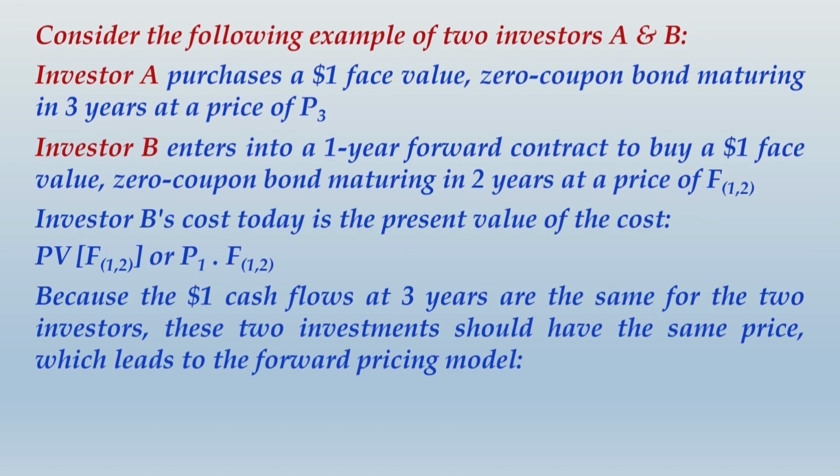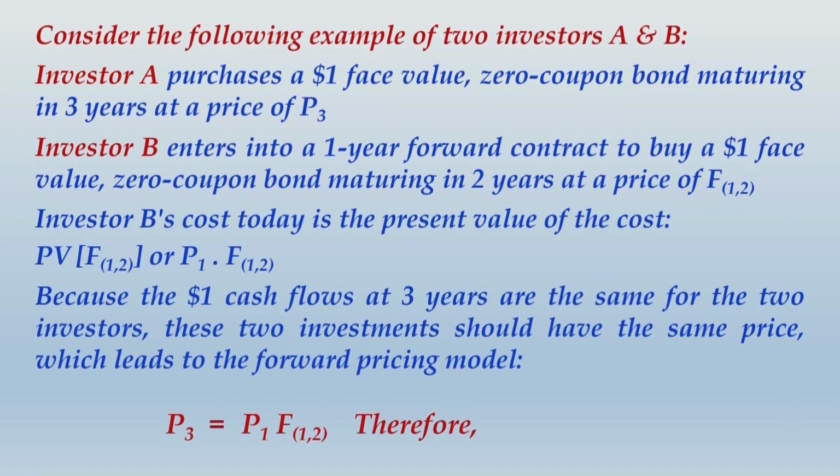That means how much did investor A invest now? P3. And how much did investor B plan to invest after 1 year, that is F1,2, but its present value is P1 into F1,2. That means P3 will be equal to P1 into F1,2.